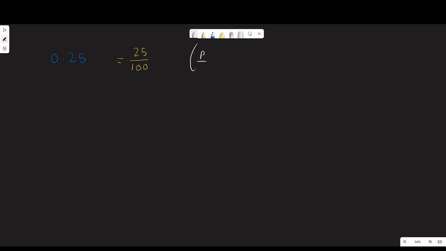So we've put this in the form of P over Q. And here we have another one, which is 0.333. This can also be put in fraction form, 1 over 3, which is again in this form, P over Q. Again, P and Q belong to the set of integers, and Q is not equal to 0.